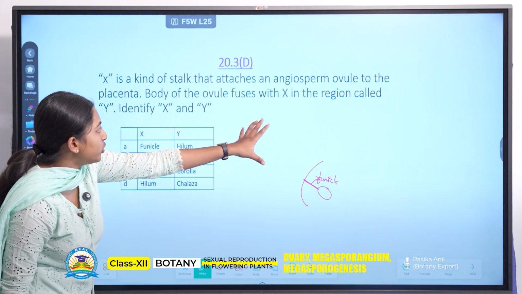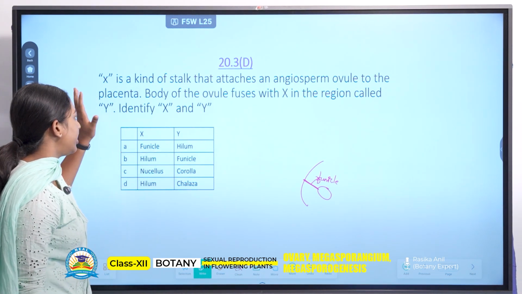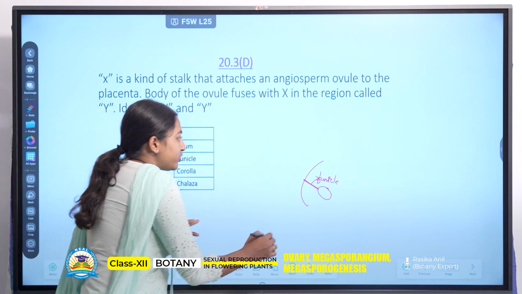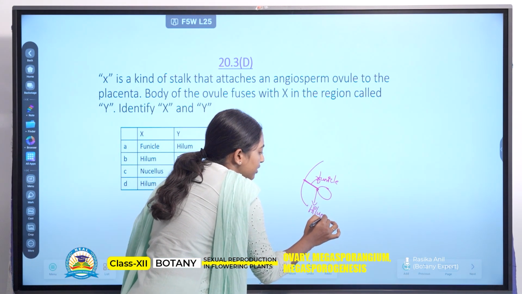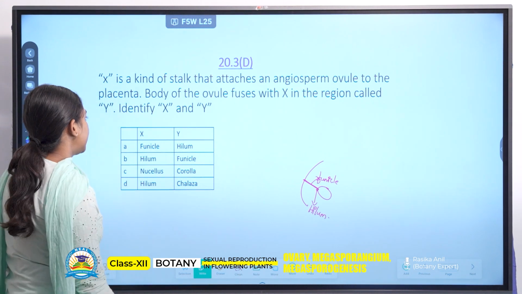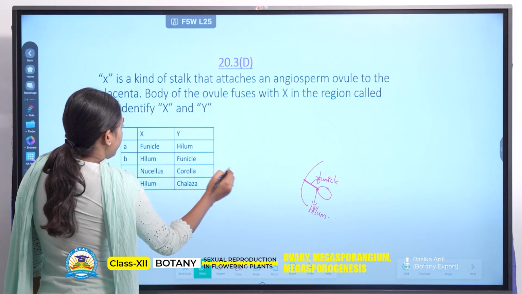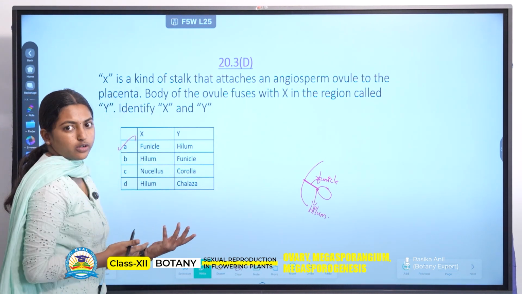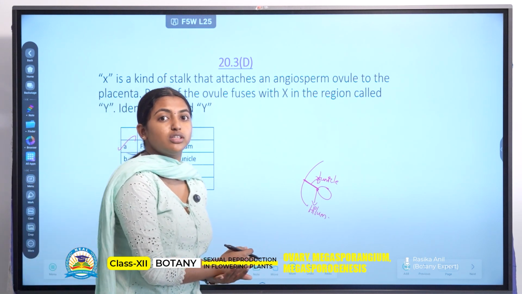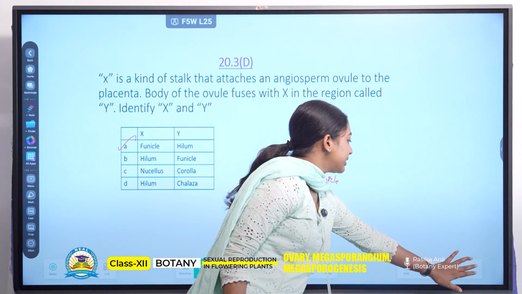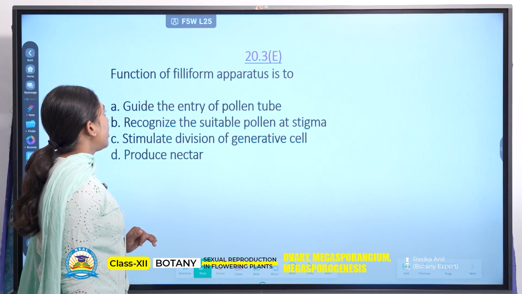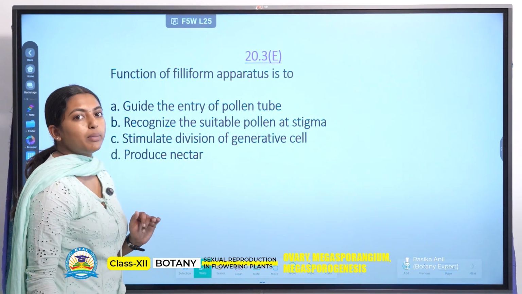The body of the ovule fuses with X in the region called Y. Where is it fusing? It is fusing in this region called hilum, right? So what is X and Y? X is funicle, Y is hilum. Option A, a direct question. But if you are not strong in your theory, you will get confused in even these simple questions.